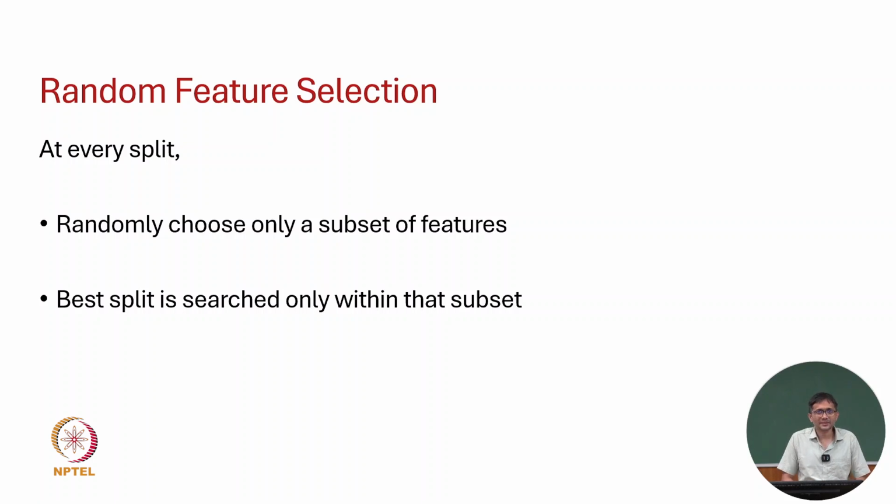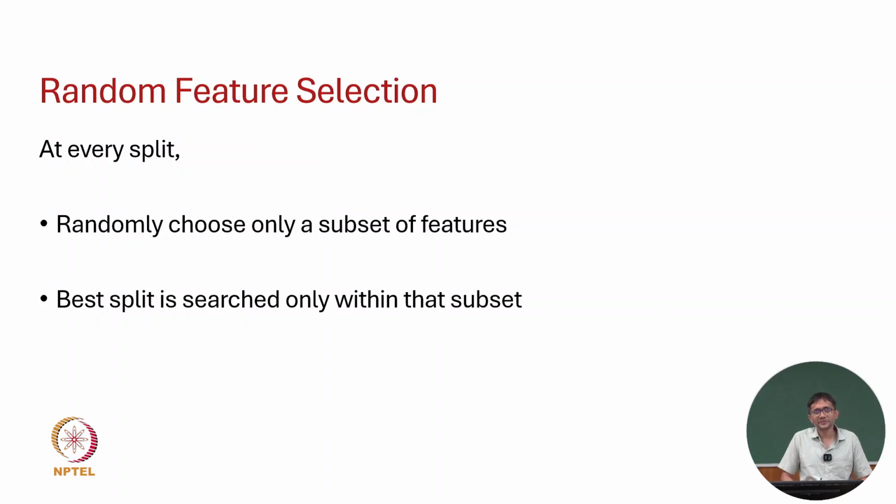Let's say the salary, you give so much importance to the salary that all the time you just decide based on the salary, and all the other features get ignored. So to ensure that this doesn't happen, you sometimes need to take the salary out of consideration completely.